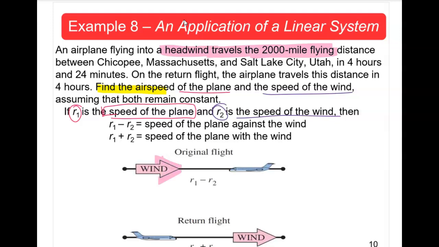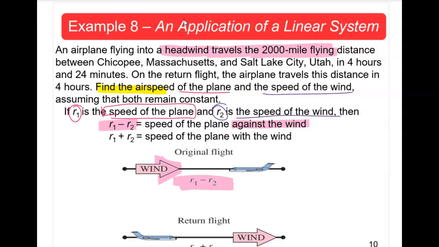It was a force acting against the speed of the plane. So when a plane travels that way, it will take longer than if it was flying in the same direction as the wind. So from that statement, against the wind, we get the equation R sub 1 minus R sub 2. You subtract the 2 forces.